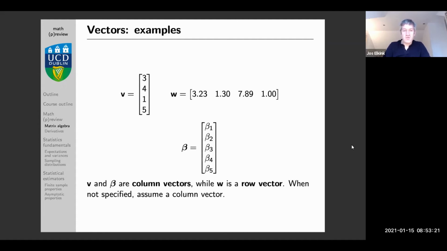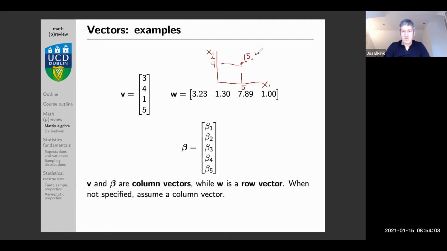In fact, one way of looking at them is as coordinates in a system. You can imagine you have one axis and another axis. Let's call this one x1, and we call this x2. We could have a point here, let's say at 5, 4.